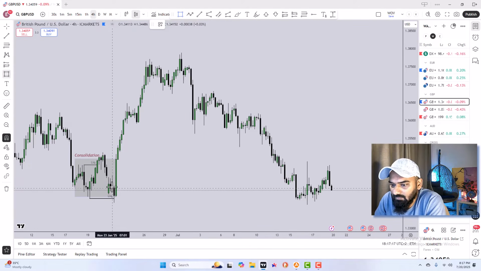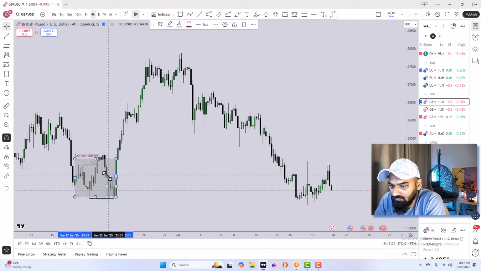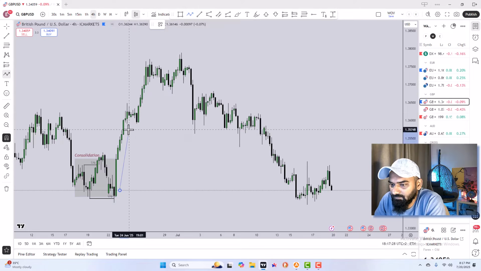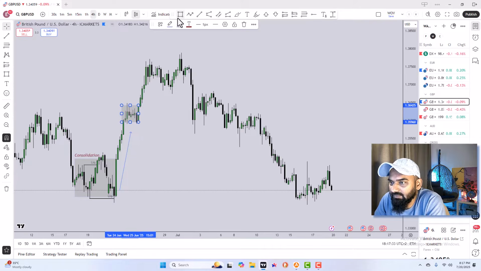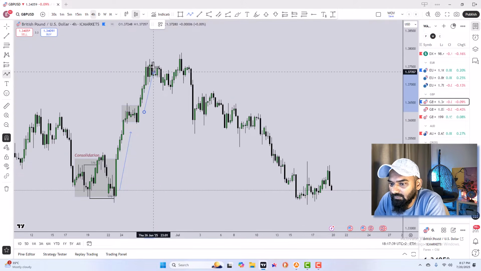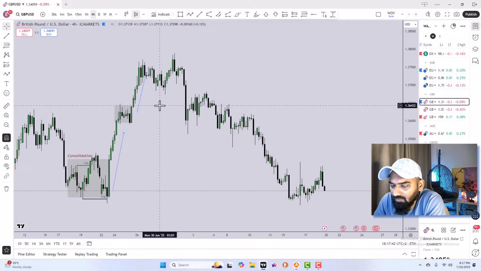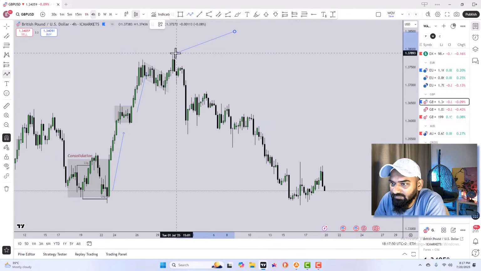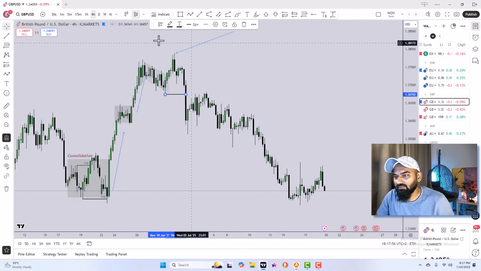Then this was the first leg up, then this was the second stage of accumulation to send the second stage of leg to the upside. Here they did some sort of consolidation. This is the profit booking, then aggressive break of structure towards downside.